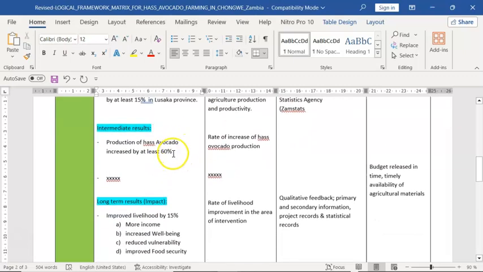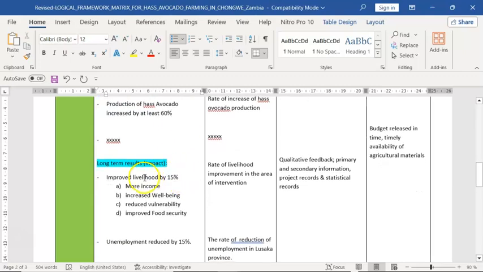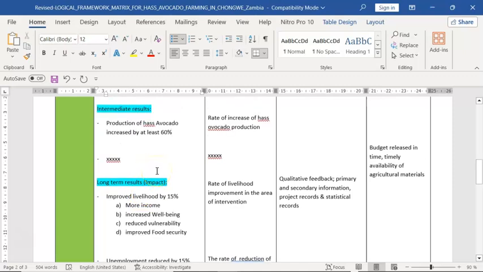So, which means there's a massive contribution, or sensitization which is going on in the area, and then the production is increased by 60%. And so it all depends on your project, and then you are to come up with creativity.